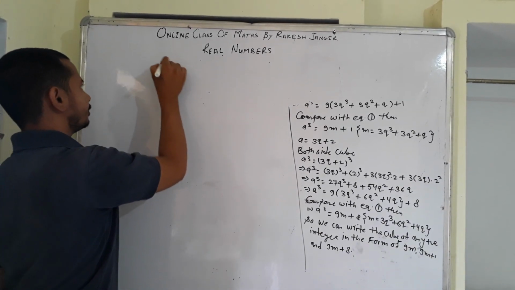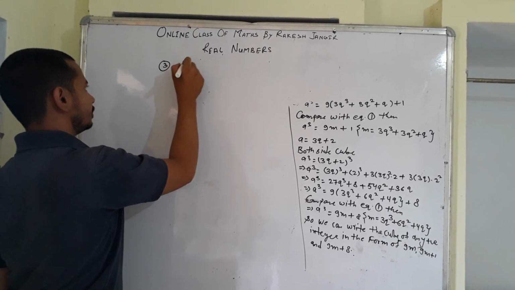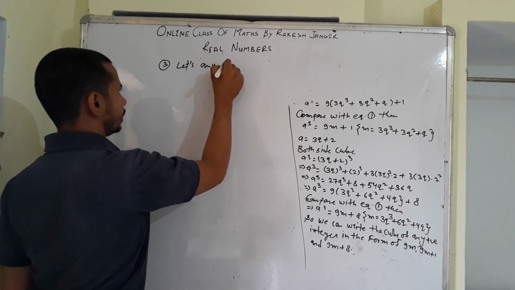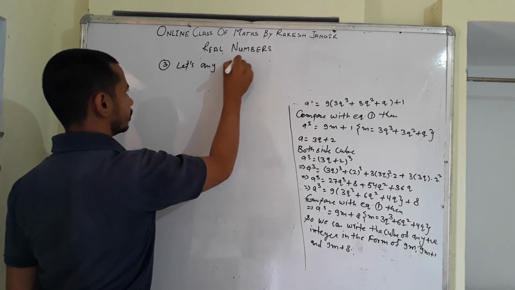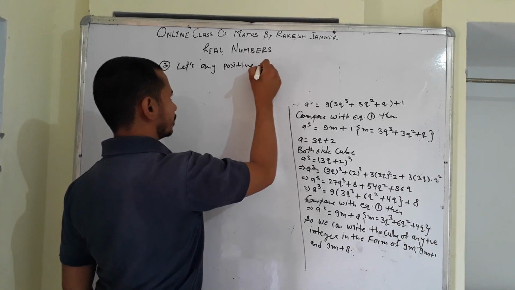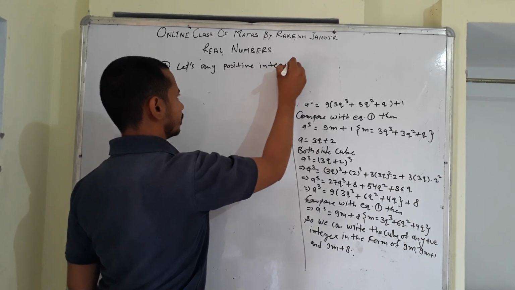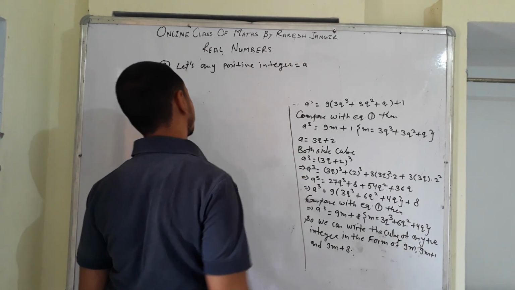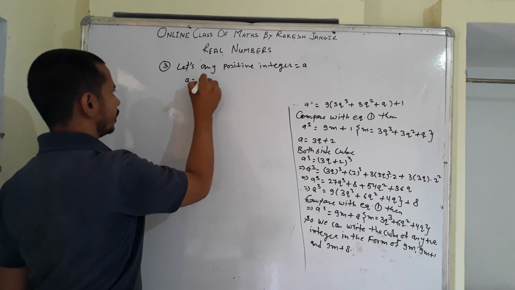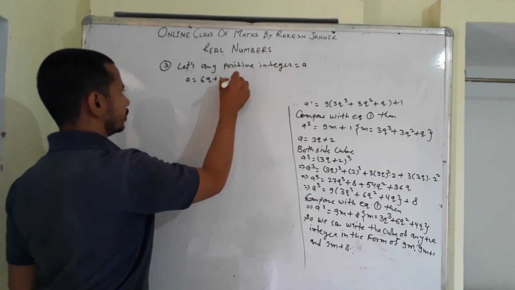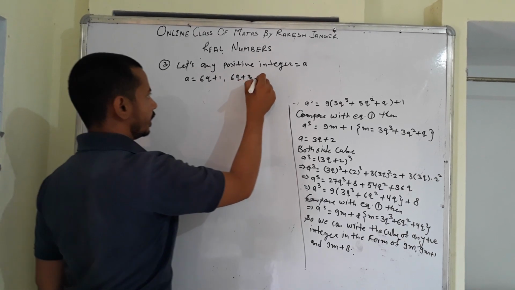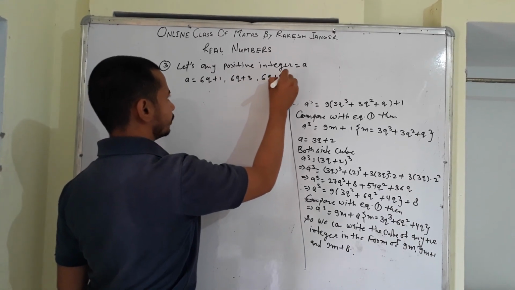Question number 3. Let any positive integer equal a, and a equals 6q plus 1, 6q plus 3 and 6q plus 5.